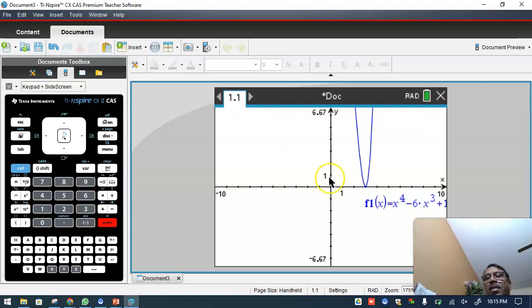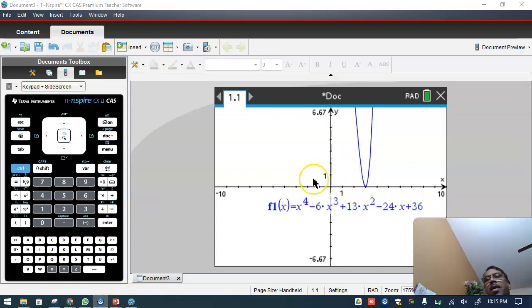And you can see it looks like this is degree 4, and one of the zeros takes a turn.